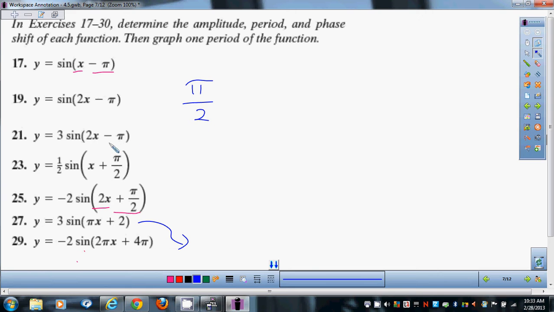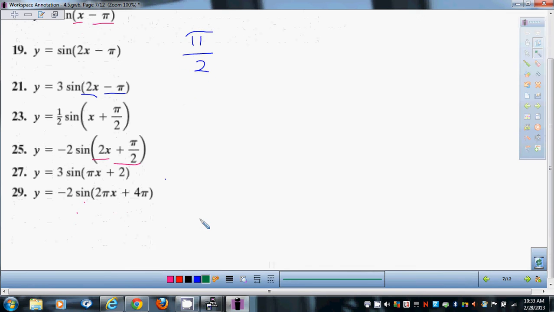Marco, what about 29? Do I need to make this bigger? Who wants to help him out? Jalen? How do I set up the phase shift in 29?